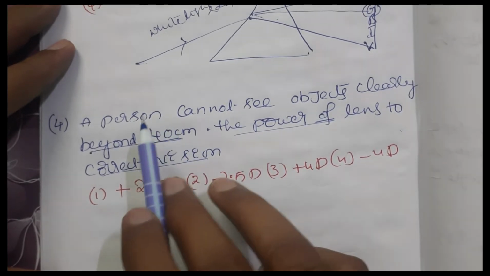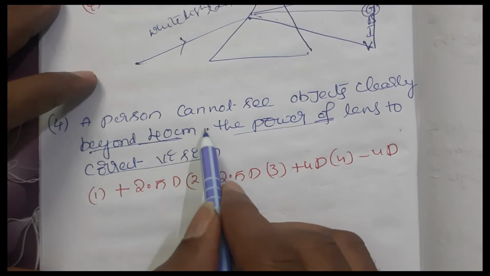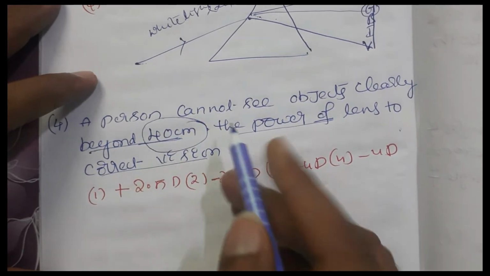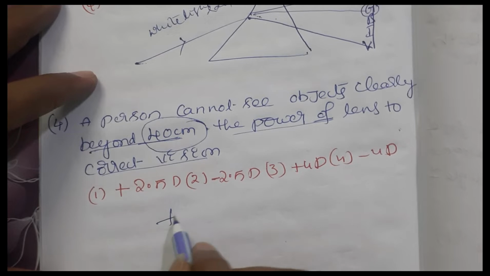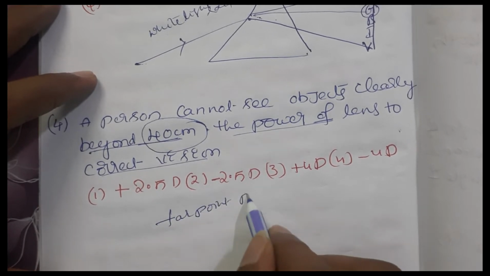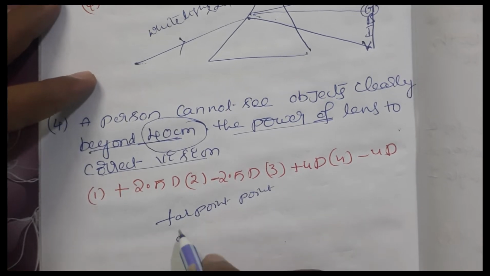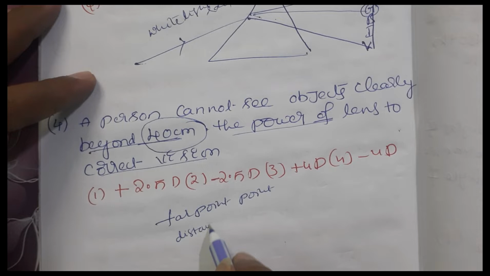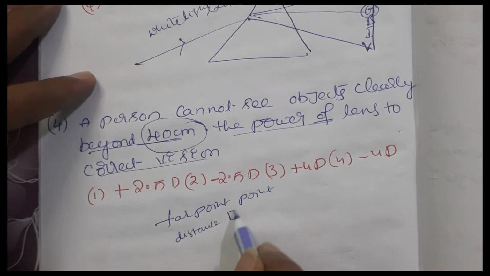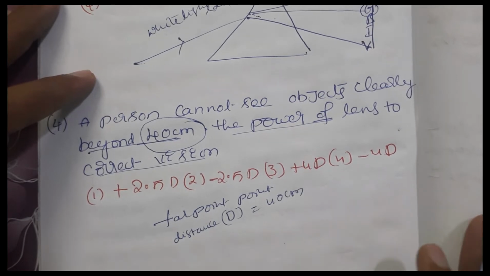At 40 centimeter and before 40 centimeter, it is visible. So you want to understand this one as the far point distance. The far point is capital D, that is denoted by 40 centimeter.